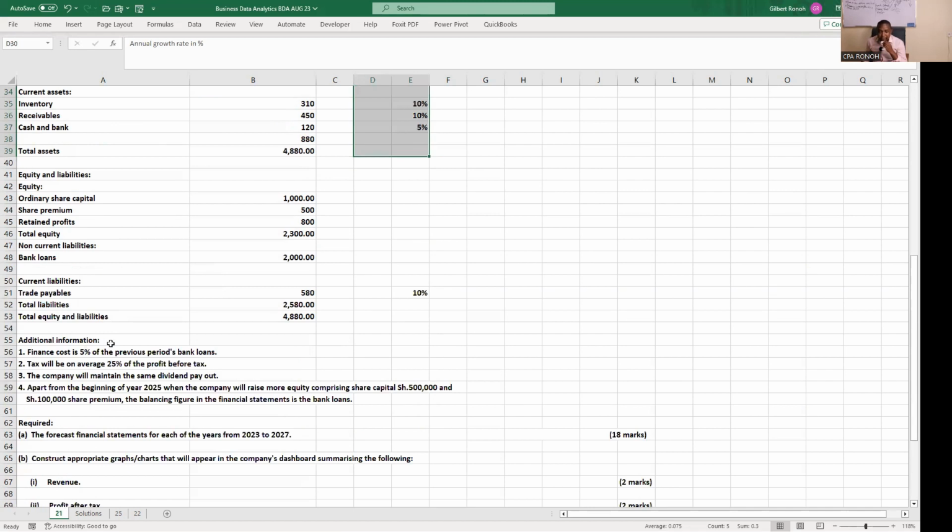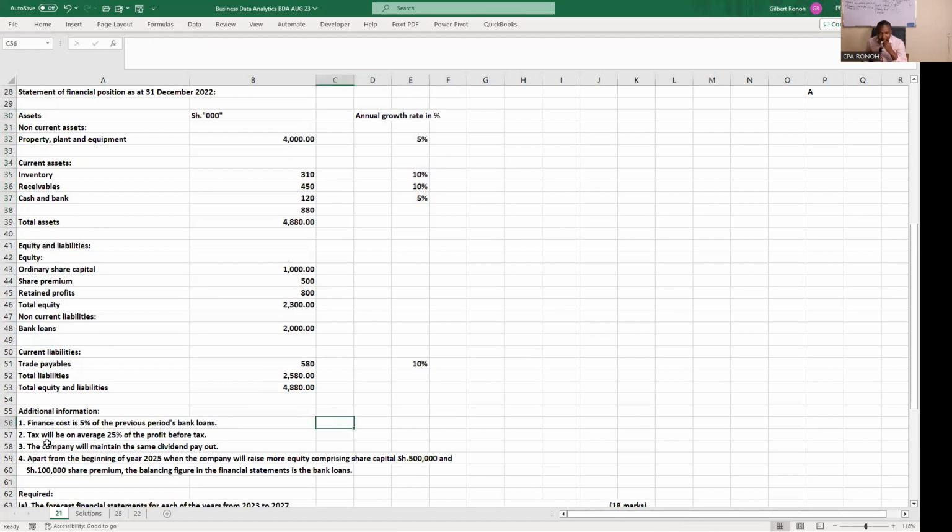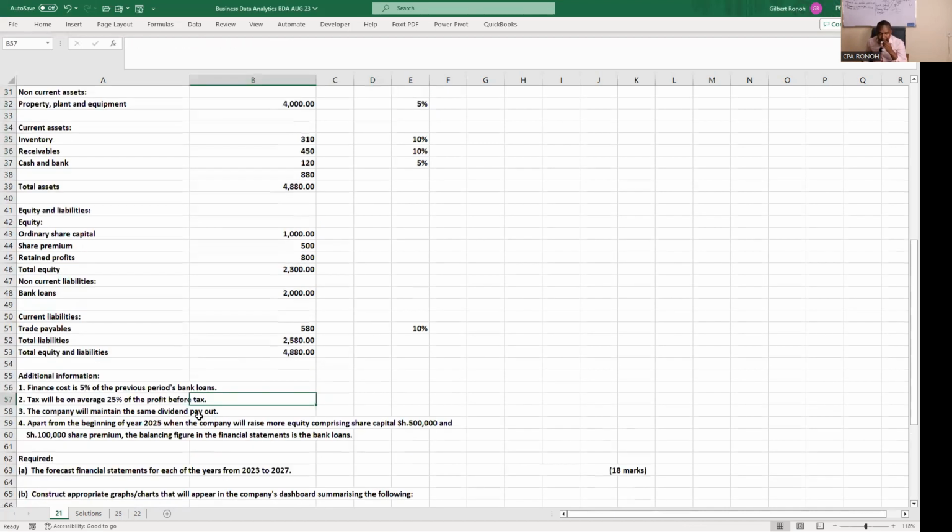And then look at number 2, additional information. We have been told, number 1, finance cost is 5% of the previous period bank loans. So we have to change the finance cost there. Number 2, tax will be an average of 25% of the profit before tax. That is the tax rate.